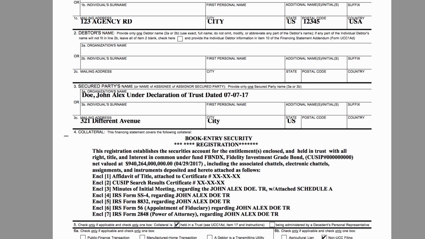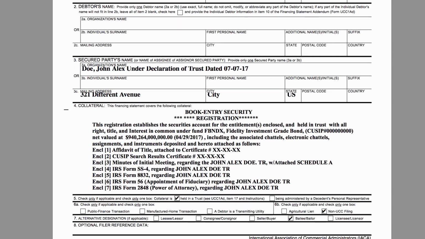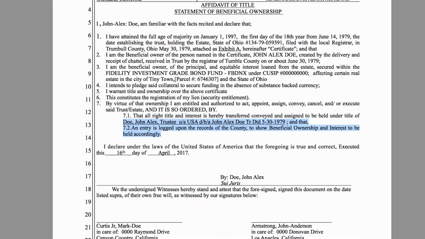This registration establishes the securities account for the entitlements enclosed and held in trust with all right, title, and interest in common under Fund FBNX, whatever, and then we put the Cusip number in parentheses. Net valued at 940, whatever. We're talking about this fund over here, including the associated chattels, electronic assignments, and instruments deposited hereto and attached as follows. All right.